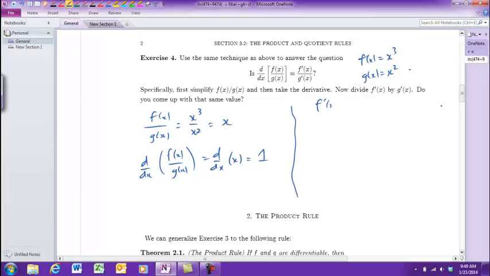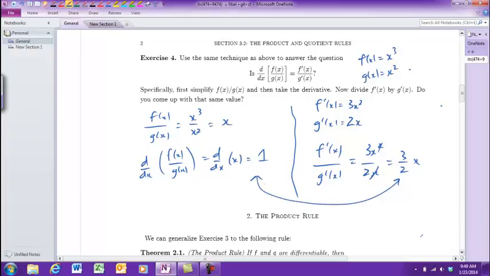Now, f prime of x is equal to 3x squared, and g prime of x is equal to 2x. So if I do f prime of x divided by g prime of x, I get 3x squared divided by 2x. This x will cancel with one of those up above, and I get 3/2 x.